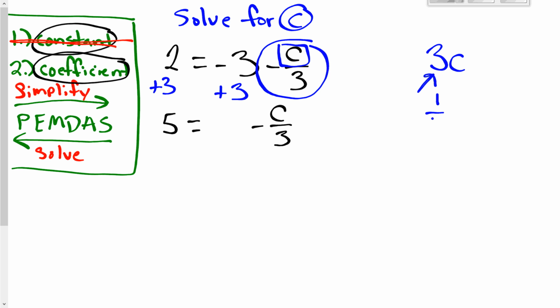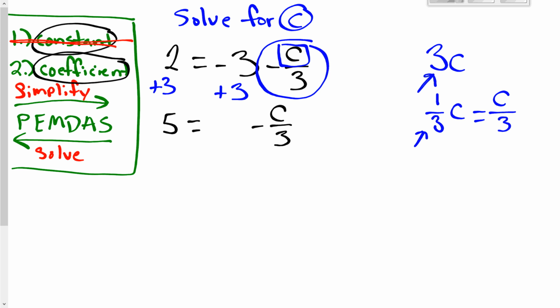If I wrote 1/3 c, 1/3 would be the coefficient. But you'll also note that 1/3 c is c divided by 3. Those are actually the same numbers. So what is the coefficient here to negative c over 3? Well, it actually would be negative 1/3.